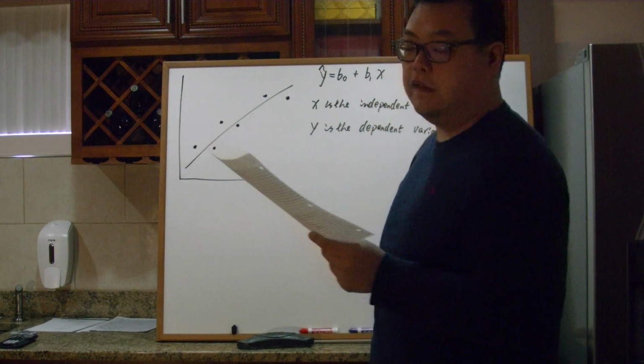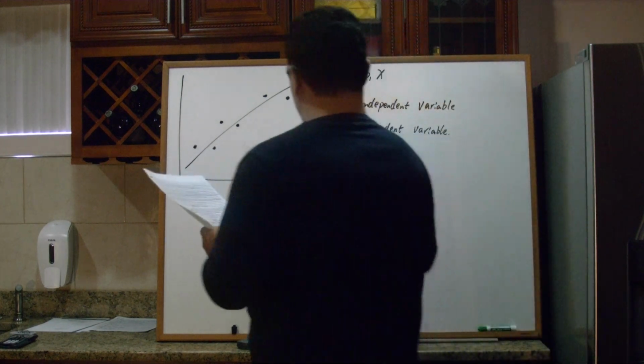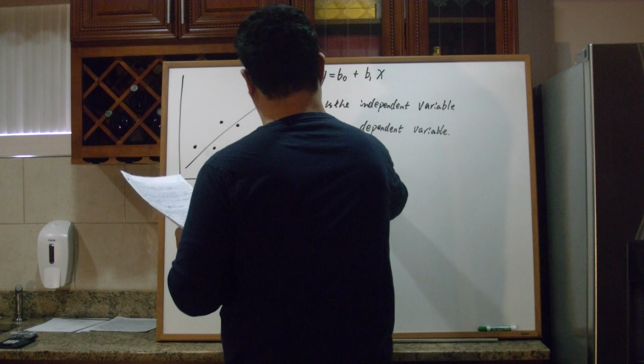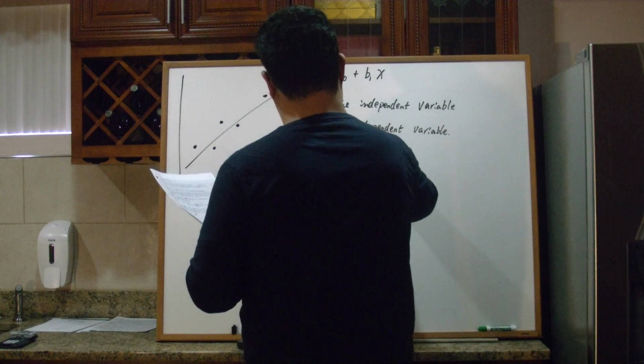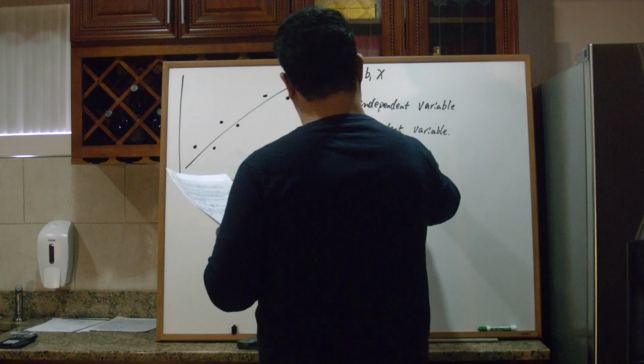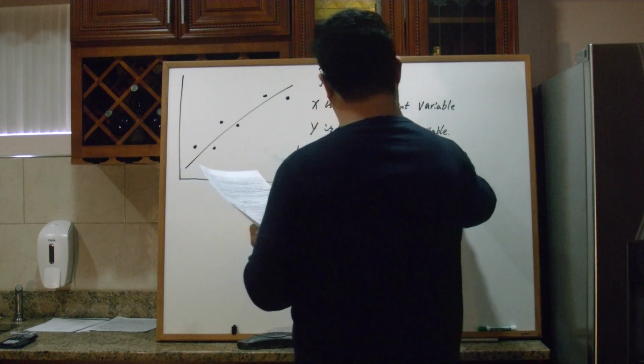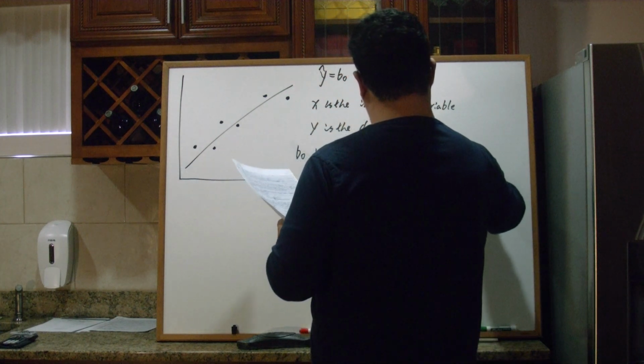Y is the dependent variable, and b0 is the y-intercept, b1 is the slope.